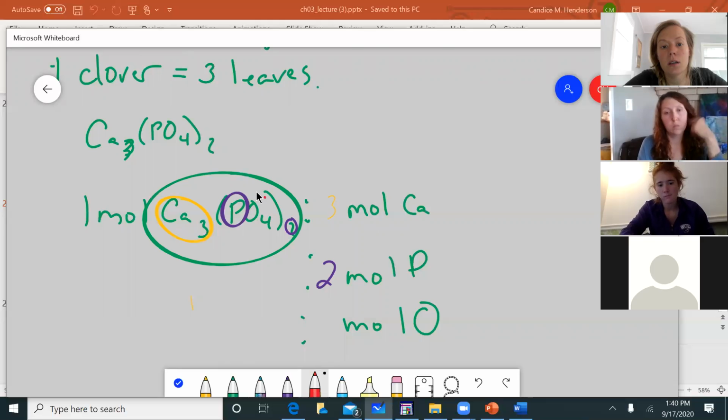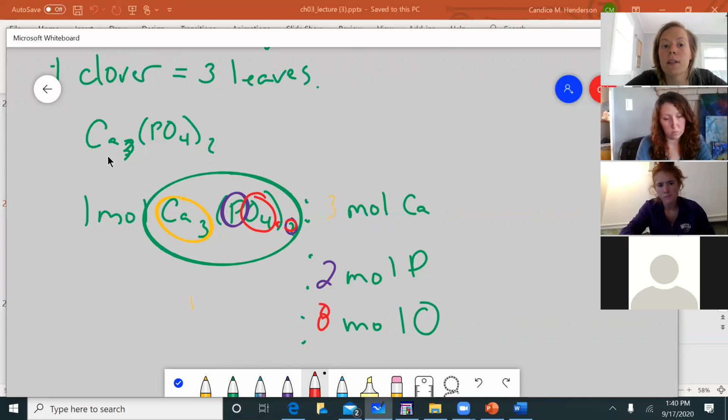For oxygen, 4 times the 2 will give me 8. So 1 mole of calcium phosphate needs or yields 3 moles of calcium, 2 moles of phosphorus, and 8 moles of oxygen. Any questions on that relationship that's built into every single chemical formula?